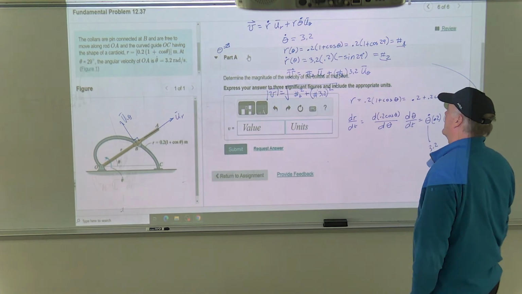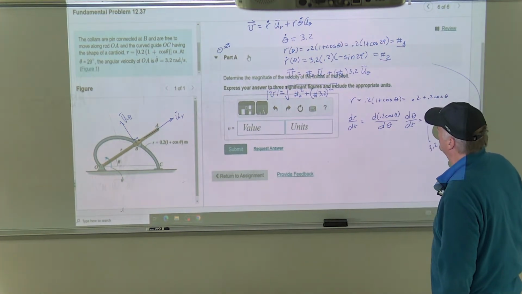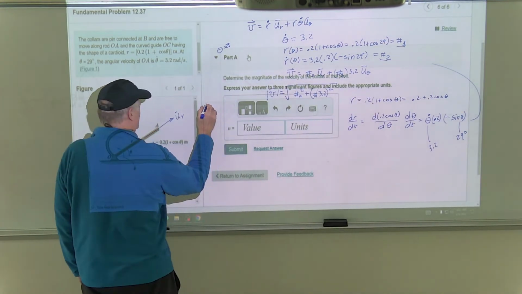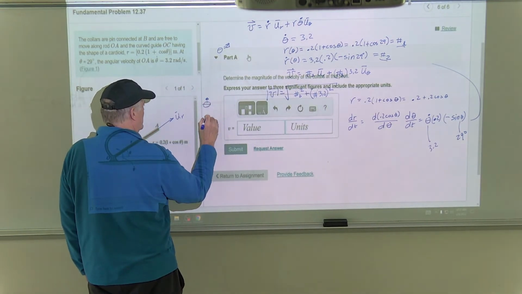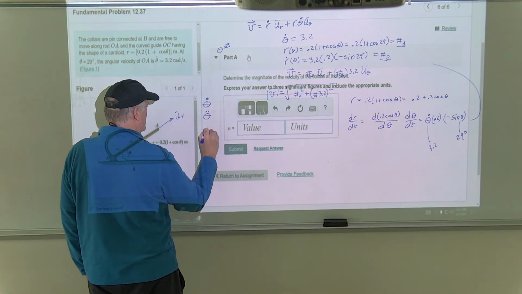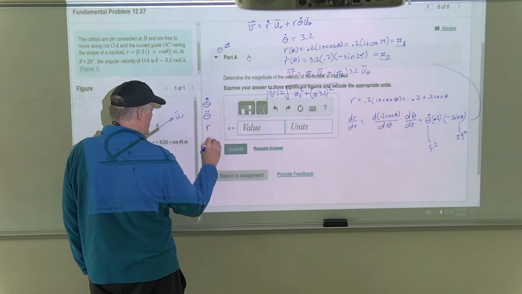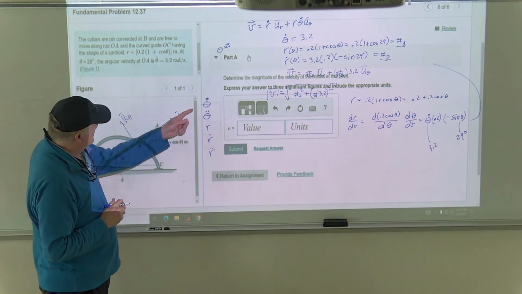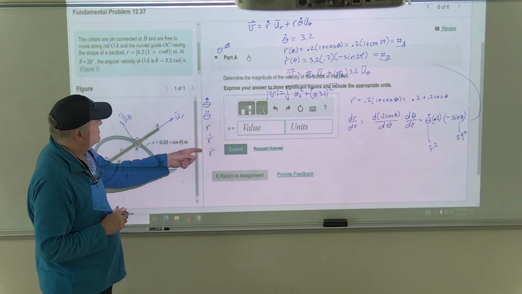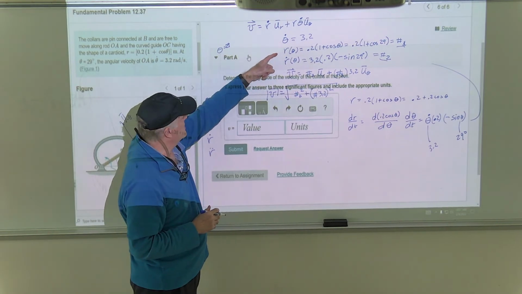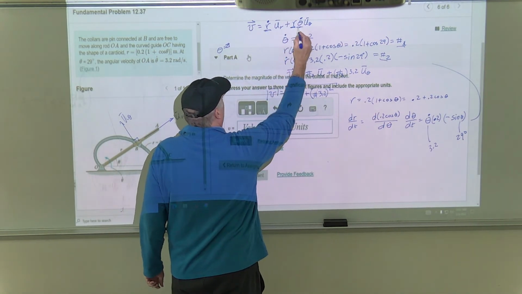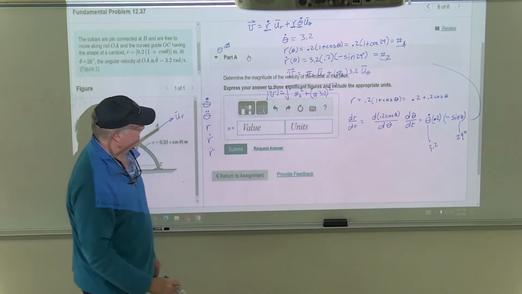It's the same thing, except when you're doing acceleration, you need to know theta dot, theta double dot, R dot, and R double dot. So when you're finding acceleration, you need to know all 5 of these. When you're finding velocity, you just need to know these 3, because those are all that's listed in there.